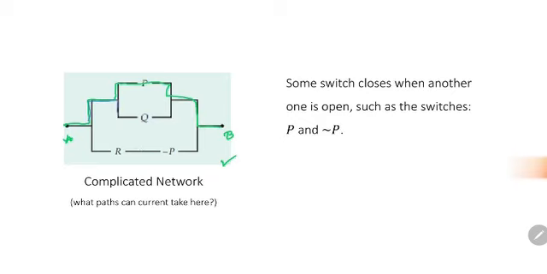The current can also take this path, through Q. And the third one, through R and negation P. You will also notice here, sir, why is there a P and a negation P? There are switches where, when one is closed, only then will the other one open, and vice versa. If this one is open, this one will be closed. When you see negation P and P, that's how it works. Okay?